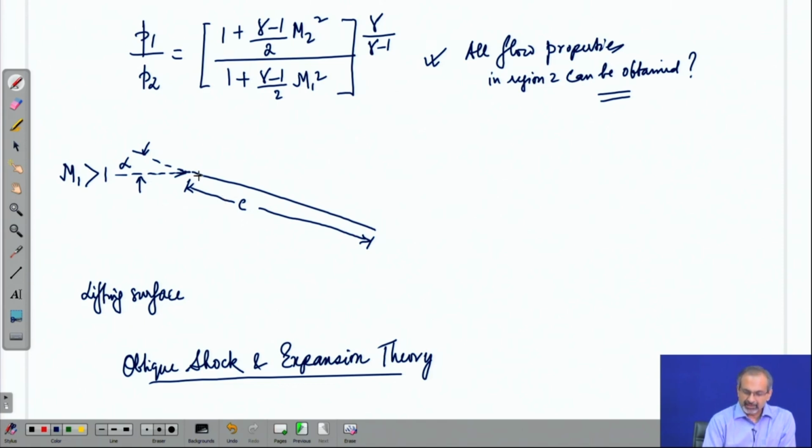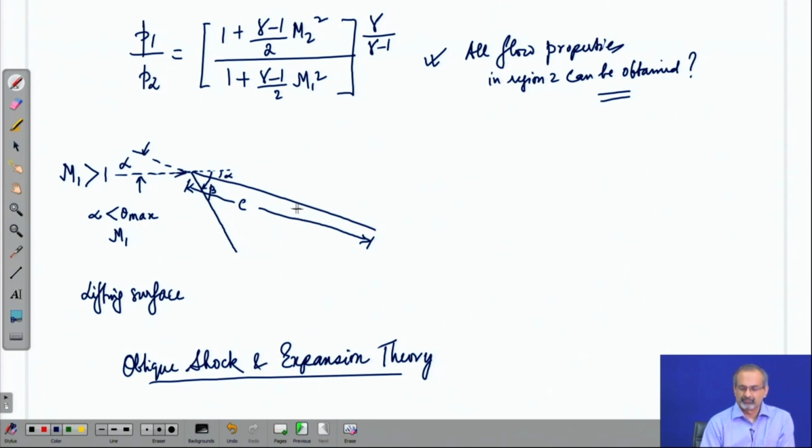It is such that on the lower surface it will create compression, and therefore, there could be an oblique shock, provided that the theta is less than theta max. Here that happens to be alpha, because the compression is being produced by this angle, which is alpha. So, alpha has to be less than the theta max corresponding to that particular Mach number m1. As long as that happens, you have this as the beta.